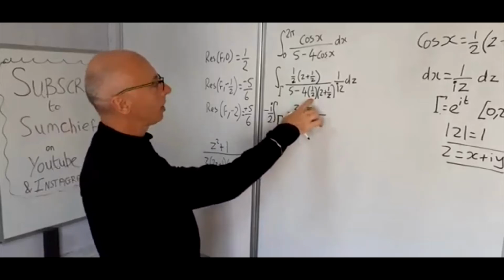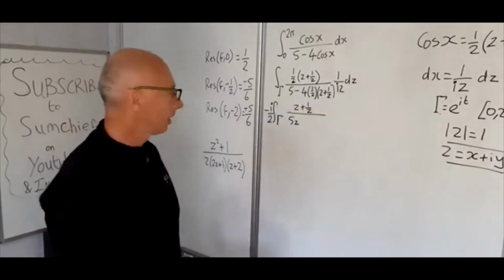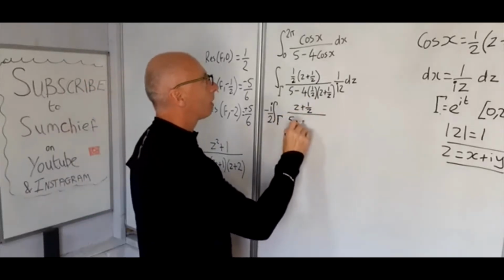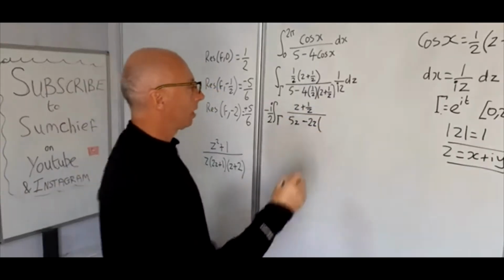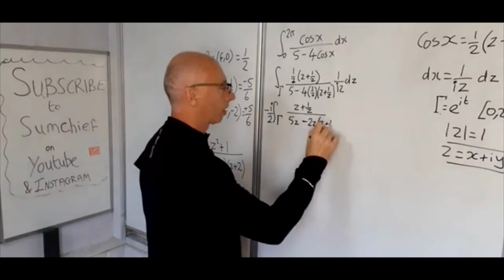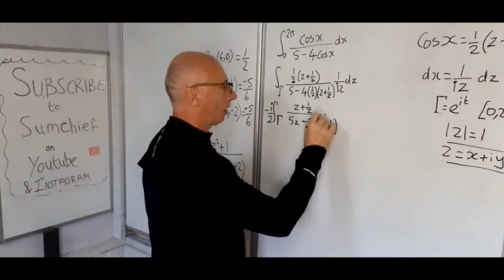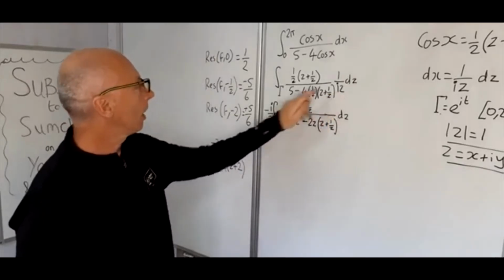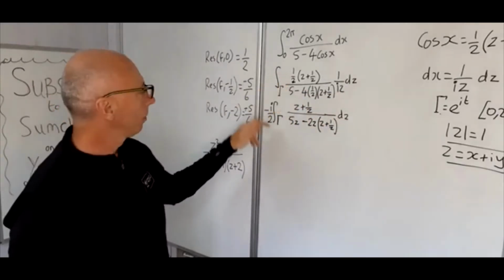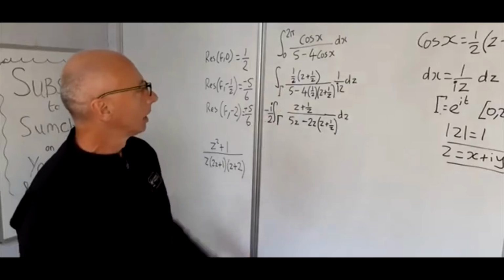But while we're at it, we get rid of this half, so we call it a 2z. So that's minus 2z, and then z plus 1 over z. And that's all dz now. So now we've taken care of this, the i is out the front, and the half is here.